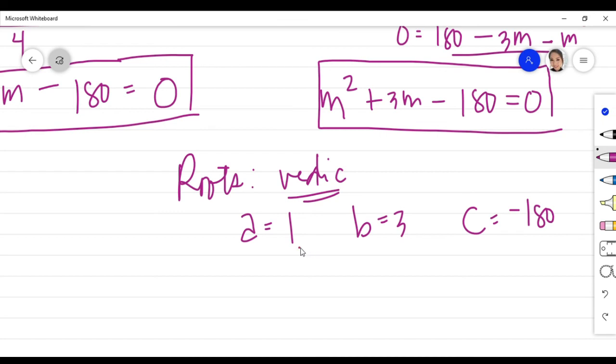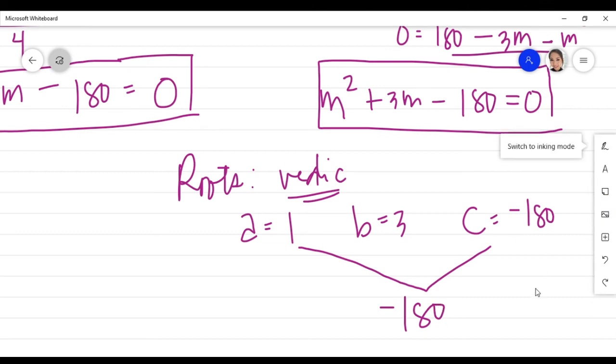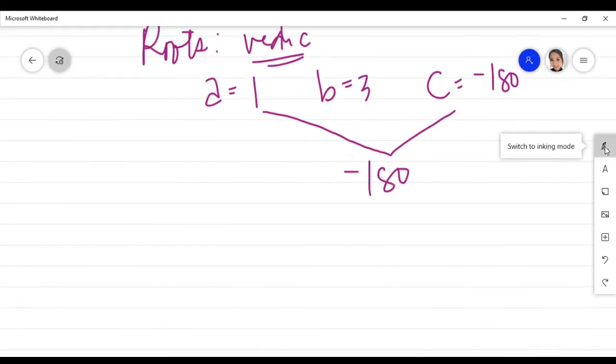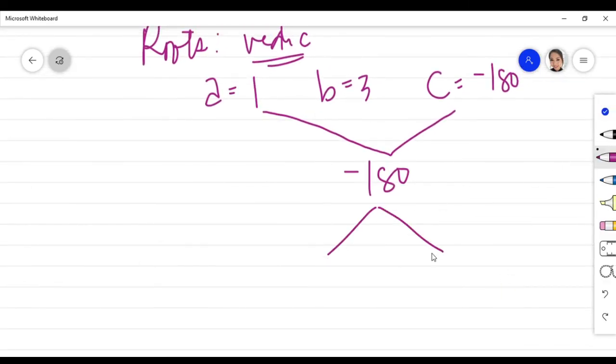We have to multiply A and C, so that is negative 180, right? And then we have to find two numbers where if we multiply them, the result is negative 180, but if we add them, the result is 3, our B.